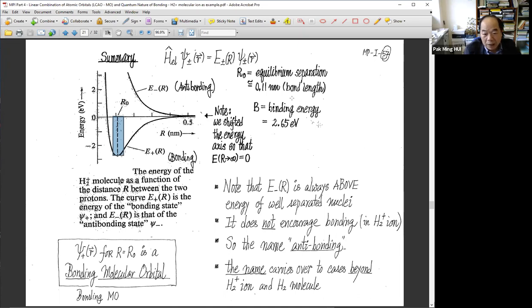So the numbers are, you gain that much, and the bond length is 1.1 angstrom. That is about the right ballpark, right? Half an angstrom, a Bohr radius from the left, a Bohr radius from the right, you add it up, is about that number. Common sense, all right? But it is high-level common sense.